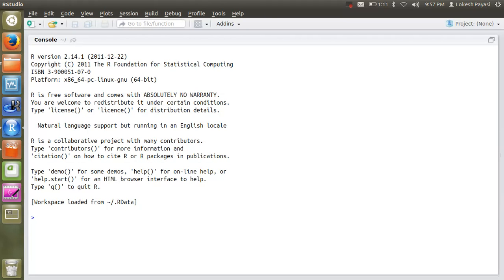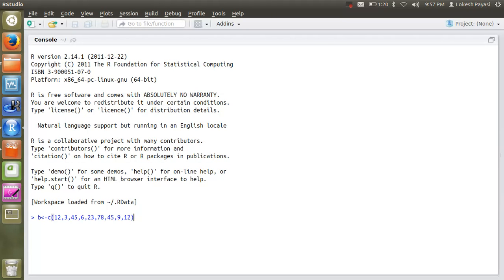Let's say I'm saving values in B. B is a vector which has 12, 3, 45, 6, 23, 78 and 45, 9, 12, like this. Let's say these are numbers that people have.